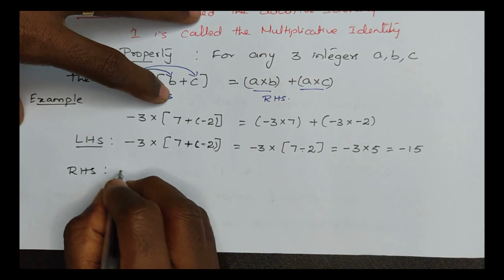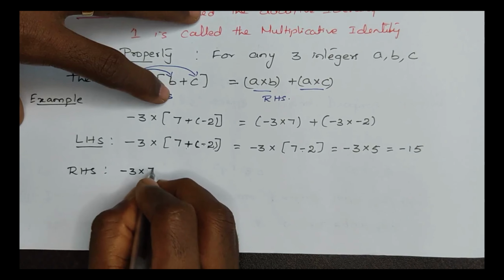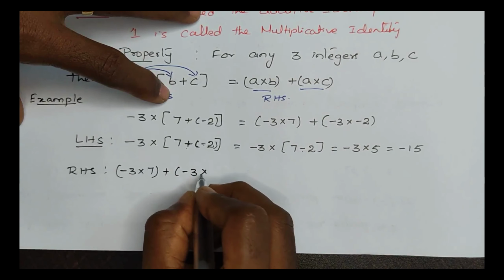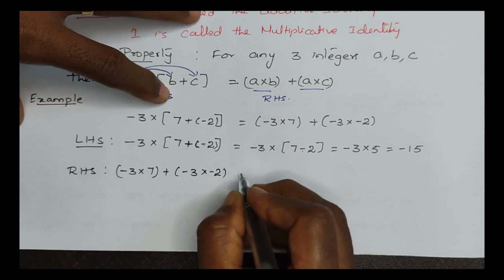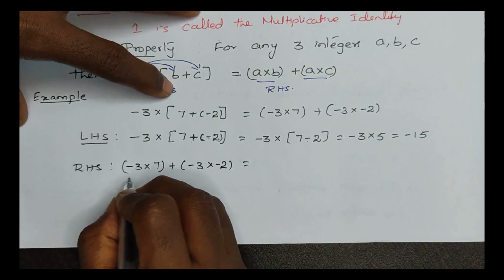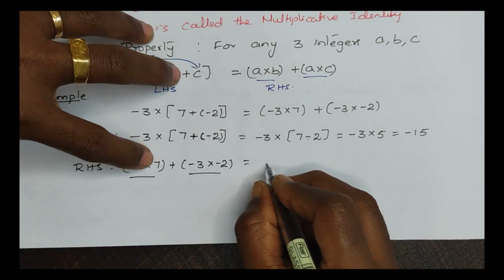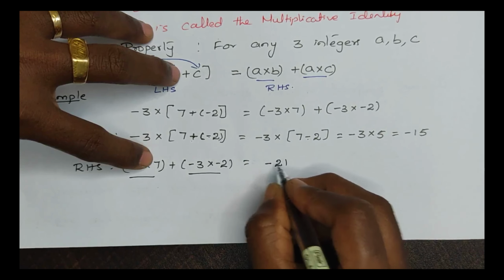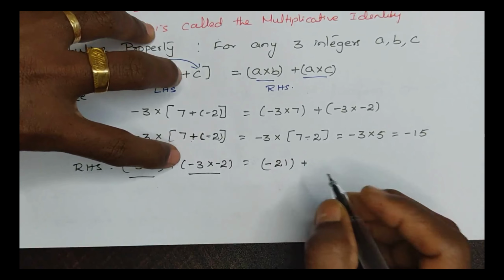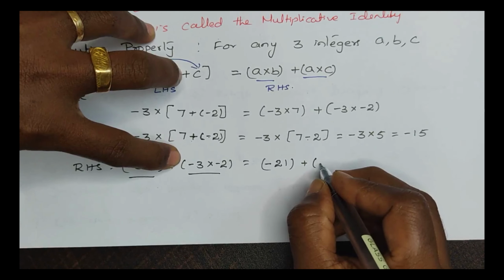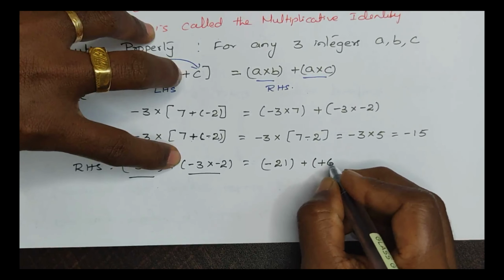What is our RHS? Minus 3 into 7 plus minus 3 into minus 2. So here we have two brackets. Let us solve that. Minus 3 into 7 gives you minus 21 plus. Now this minus 3 into minus 2. Both are negative, so it becomes positive 6.